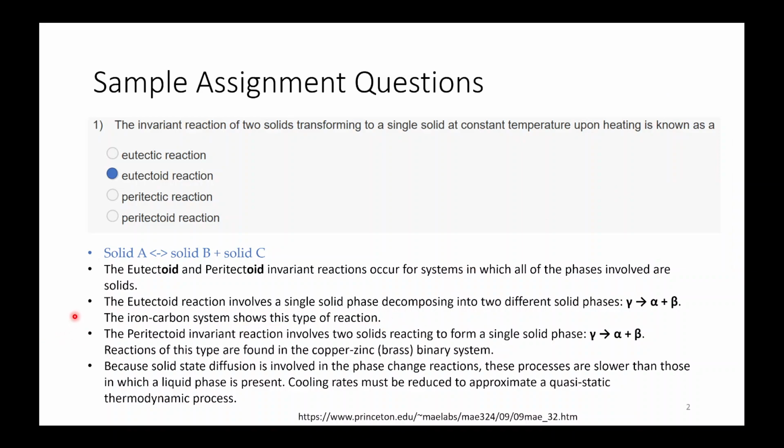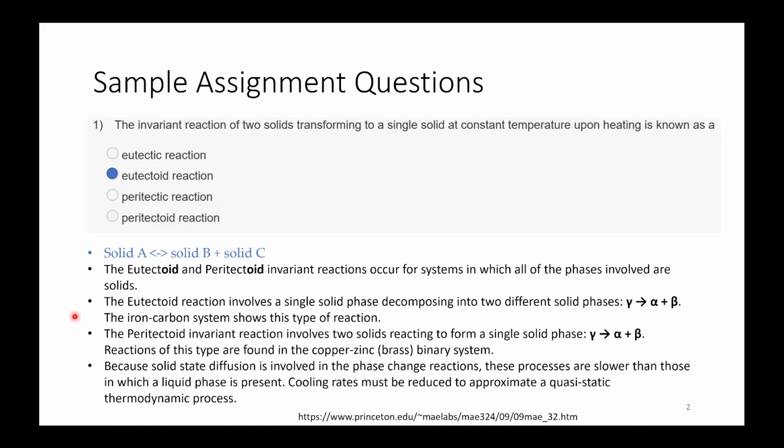The eutectoid reaction involves a single solid phase decomposing into two different solid phases, such as gamma converting into alpha plus beta. The peritectoid reaction involves two solids reacting to form a single solid phase. This is the opposite of the eutectoid reaction.